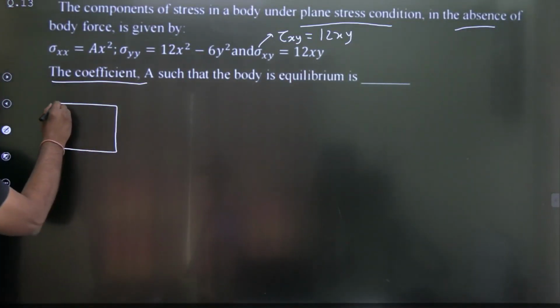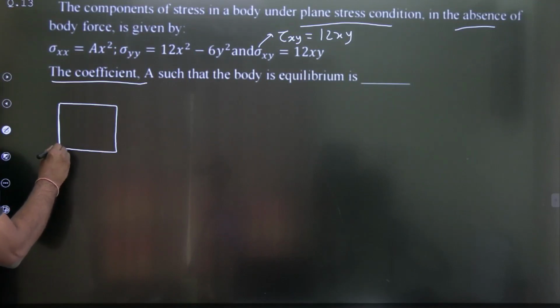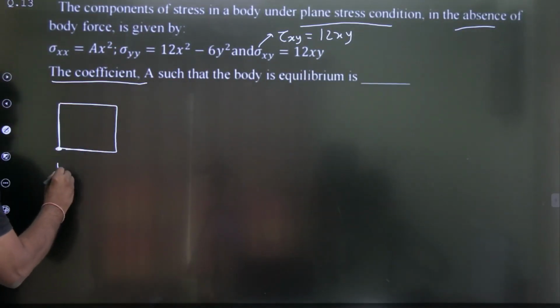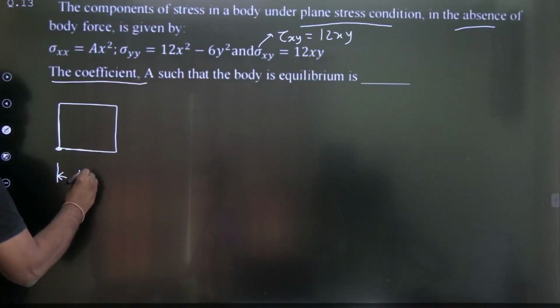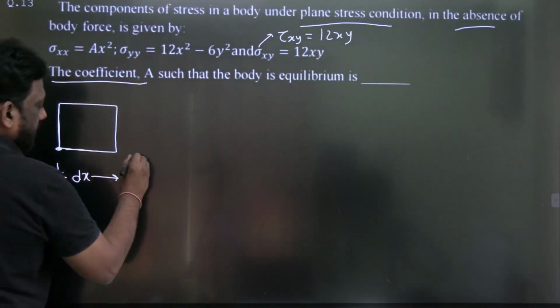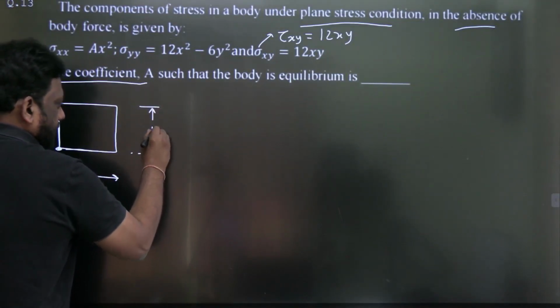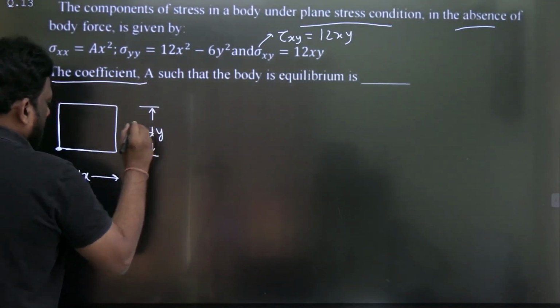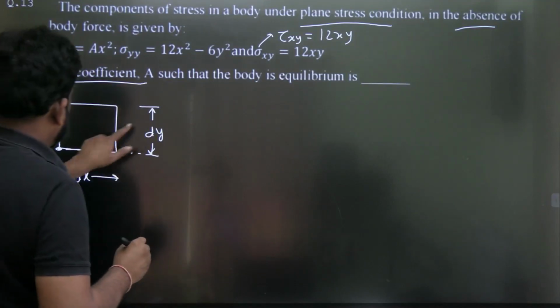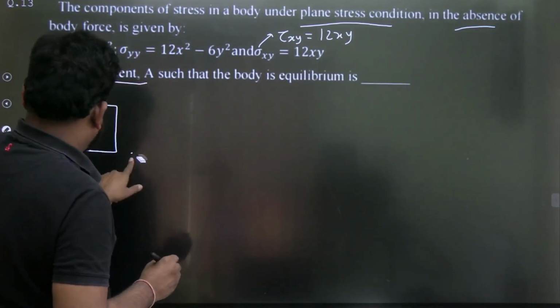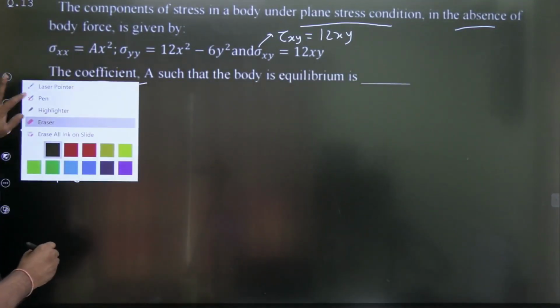Say this is the origin, this is the x direction, this is the y direction. I am taking a small element, with this length dx and this length dy. Now let me erase this a bit so that I'll have some place to work on.